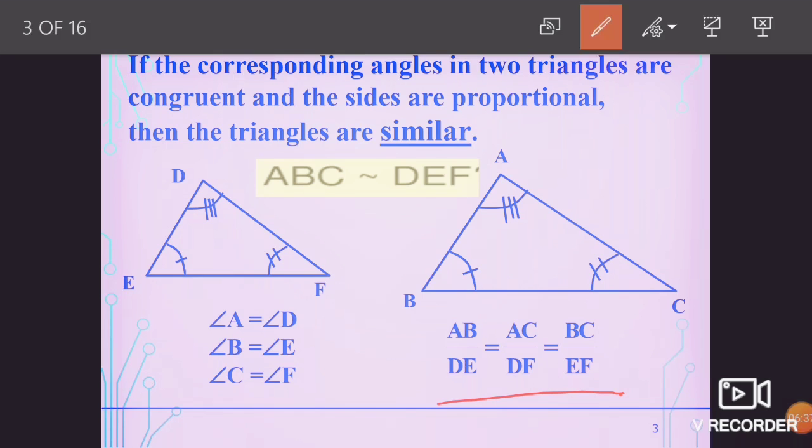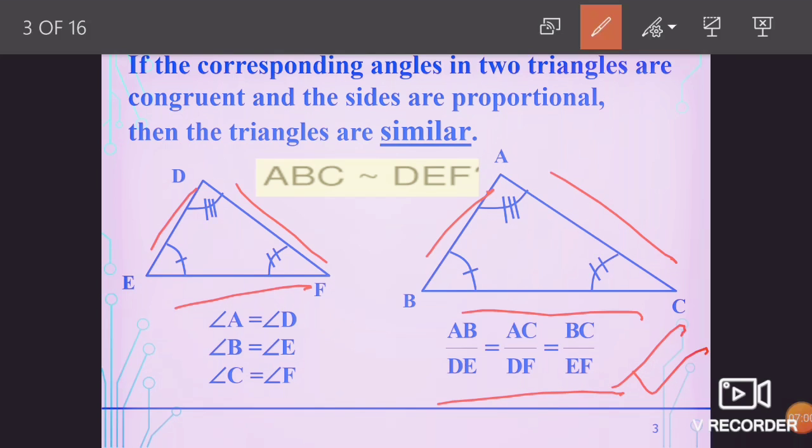Okay, so what did we say? AB by DE, then AC by DF, then BC by EF. If we take out the ratios separately, if these two triangles are similar to each other, then these ratios will be equal to each other. Okay, and if they are not similar, you will get different fractions.